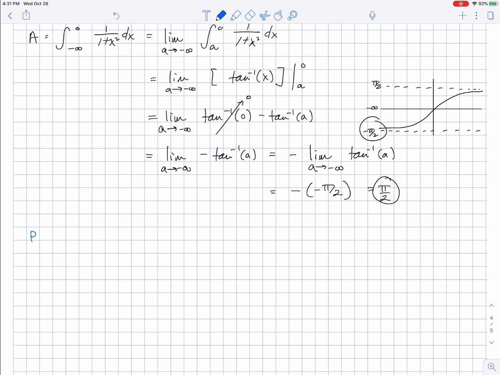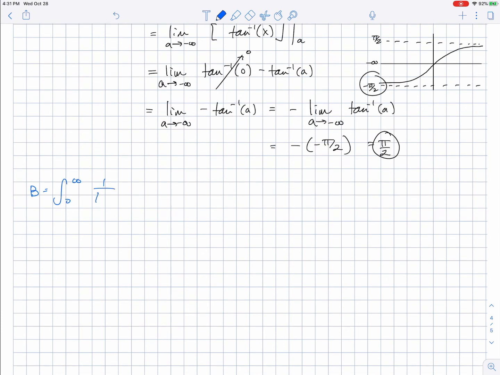For integral b, we have the integral from 0 to infinity of 1 over 1 plus x squared, which, by the way, is going to be terribly similar.